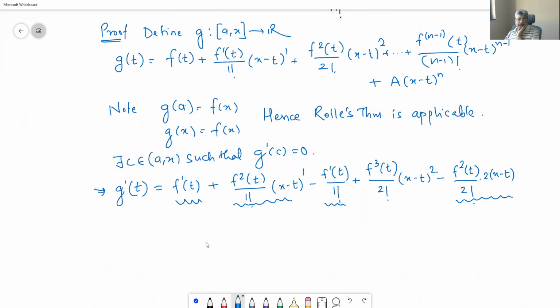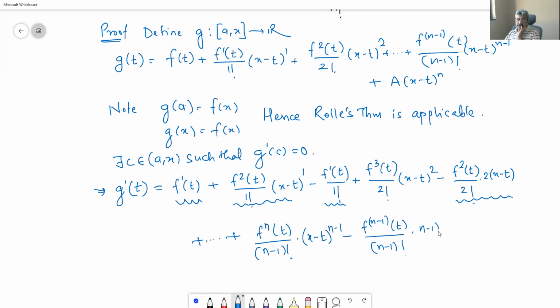So the derivative of the n minus 1th term will be plus dot dot dot plus f n evaluated at t upon n minus 1 factorial times x minus t raised to n minus 1, plus minus f n minus 1 evaluated at t upon n minus 1 factorial, and then the derivative of that is n minus 1 times x minus t raised to n minus 2 times minus 1.